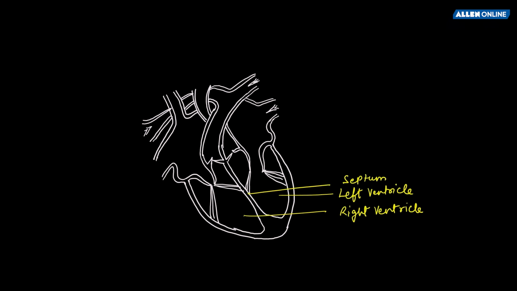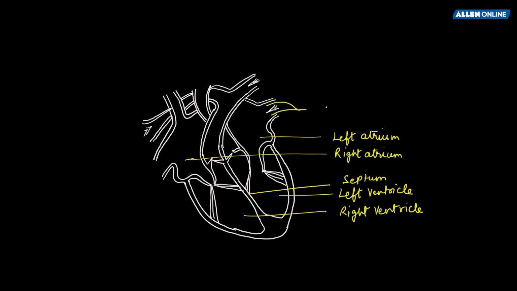Now we're going to mark with the vessels. Before that, label the left atrium and the right atrium. So this is the right atrium. Okay, now we'll label the pulmonary veins.